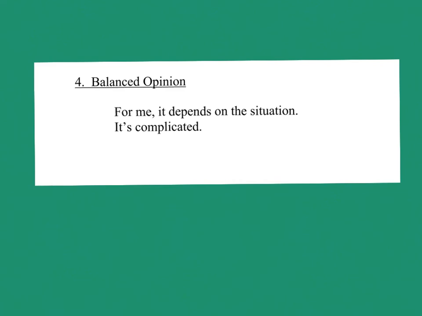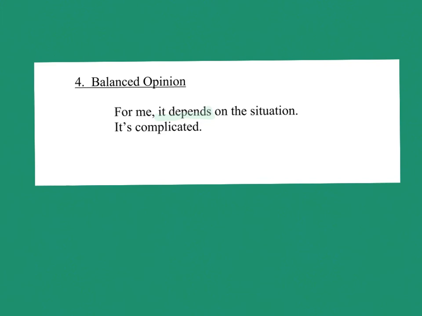Now, in some situations, you might have a strong opinion. You might feel very strongly one way or another. But in other situations, you might feel like it depends, right? You might have a more balanced opinion. You can see both sides. So you can say, for me, it depends.